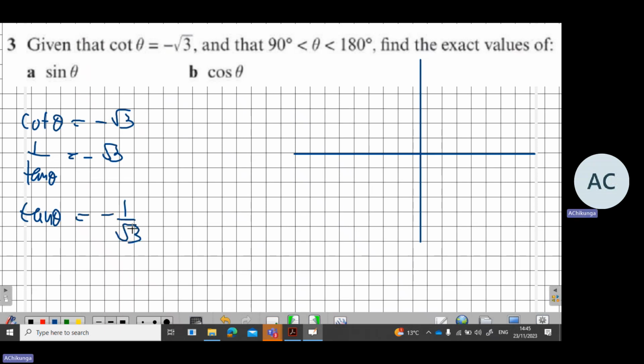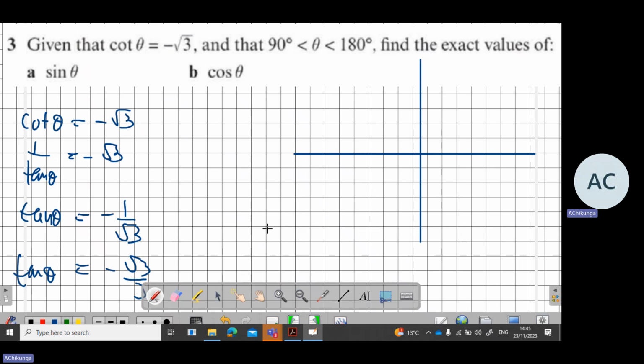Don't think I made a mistake. Tan theta is minus 1 over root of 3. Of course, rationalized, this gives you minus root of 3 over 3. That's all right. But what do we know about tan? Tan has to be negative in here, or tan has to be negative in here.